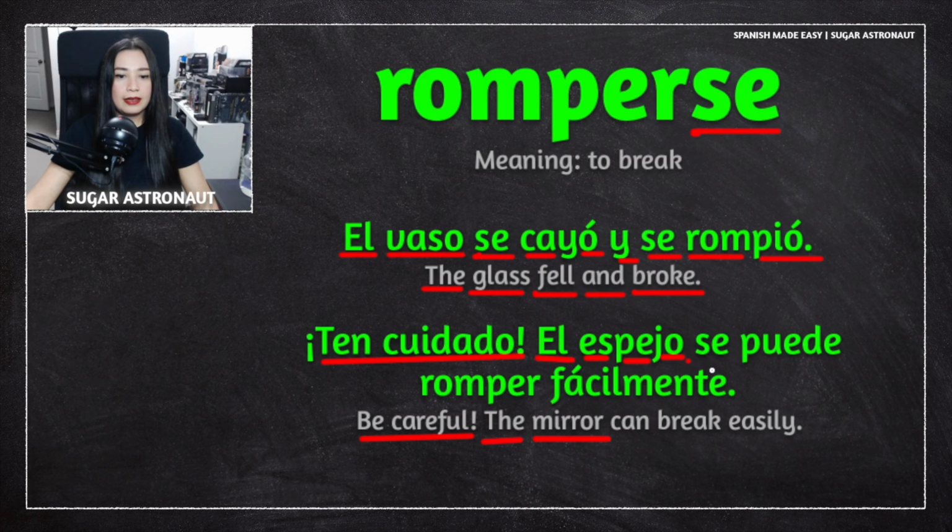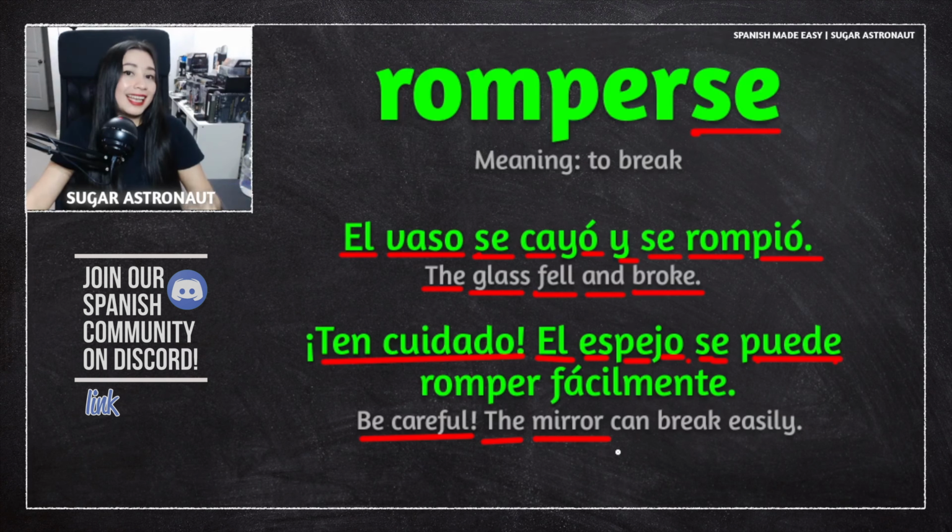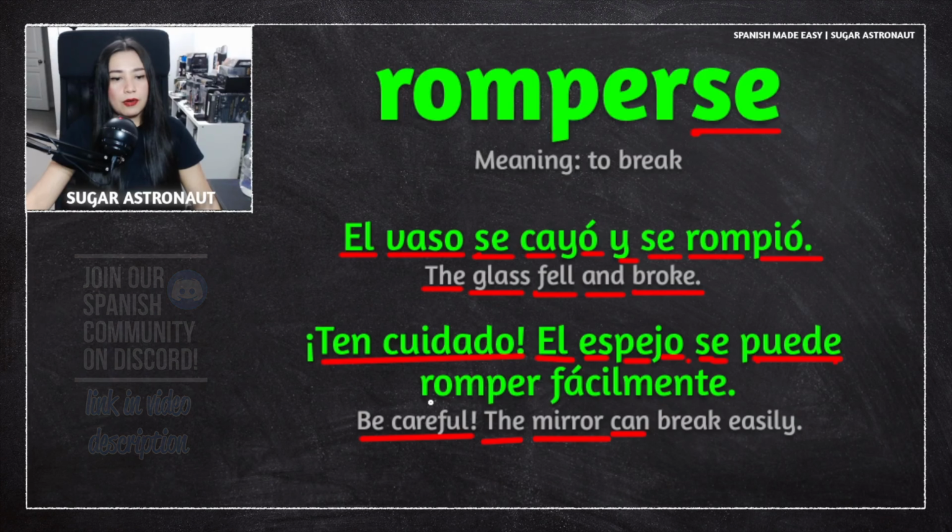Se puede, another reflexive pronoun. Se puede, okay? Reflexive pronoun se. Puede. My underlining is bad, I apologize. Se puede. It's like saying it can, okay? Similar to that. Se puede romper.